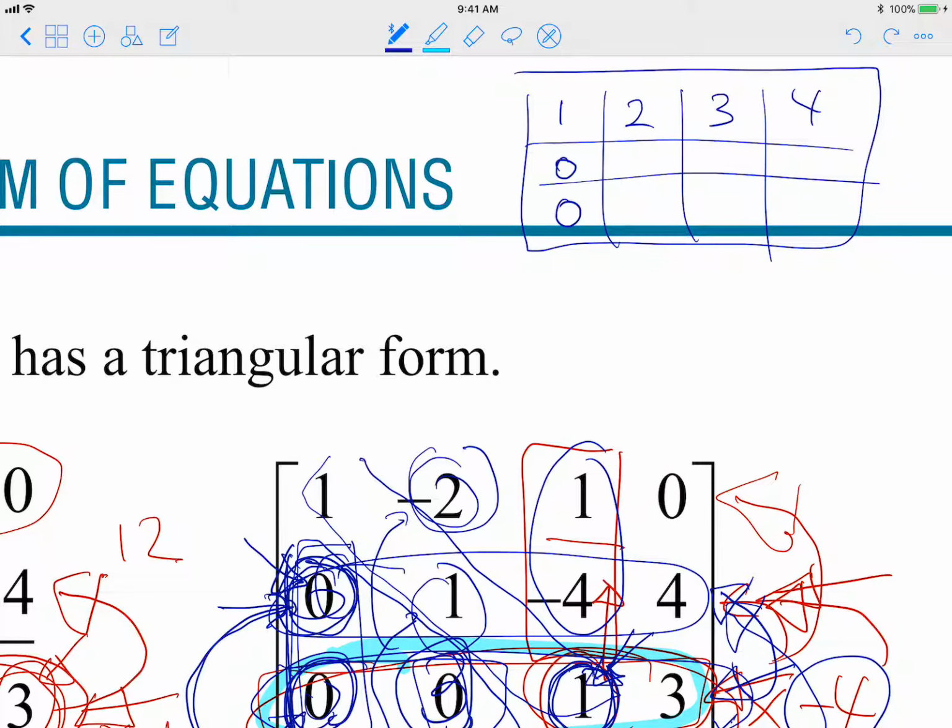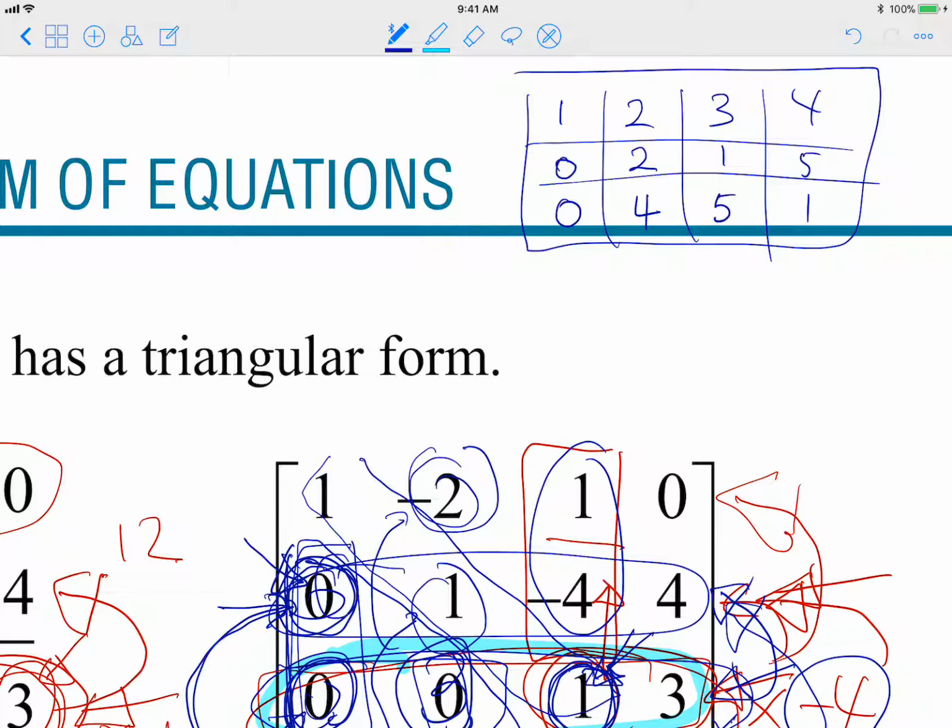So this one may have 2, for example, and then 0, and then 1 and 5, and so on. Suppose we had 4 and 5 and 1.